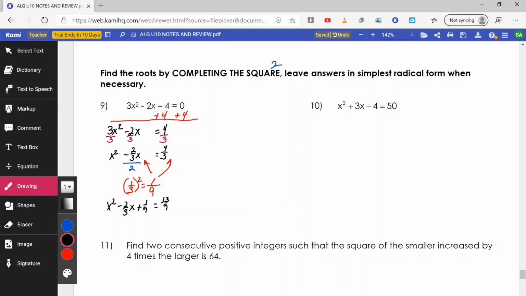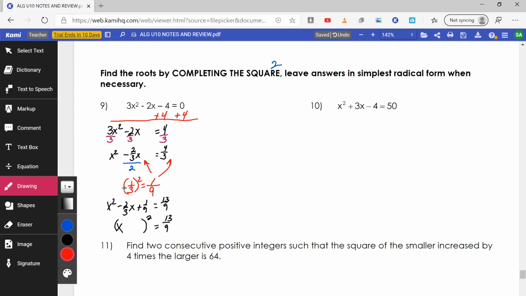So x squared minus 2/3 x plus 1/9 is actually a perfect square trinomial. This means I have some binomial that I am squaring that equals 13/9. Now the trick is, the first item in the binomial is always the letter in our problem. If I take a look at our problem, the letter we're using is x.